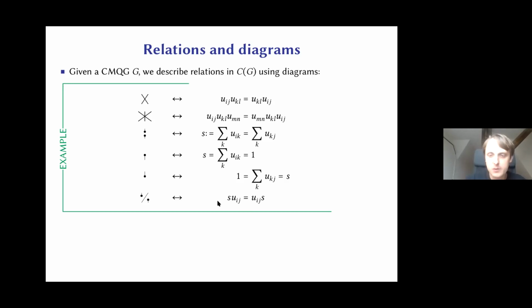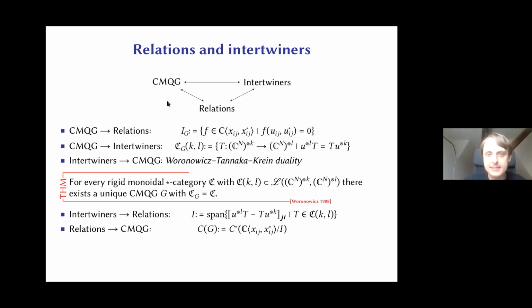Okay, so now I will explain in more detail how this works, and the idea is somehow inside this diagram. So we have this compact matrix quantum group, and inside we have some relations. In addition, we will consider those intertwiners or intertwiner spaces. So how does this work? If we start with the quantum group, then what are the relations?